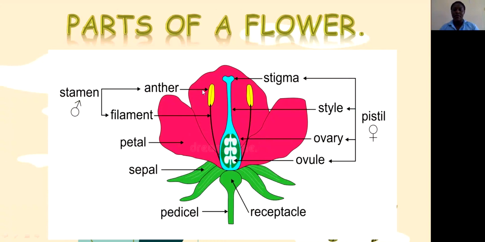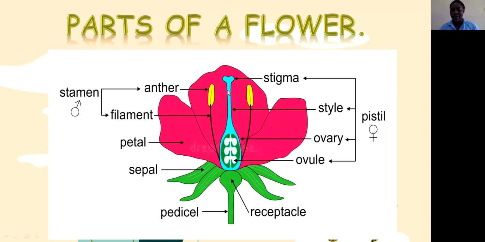Now these are called, starting from here, where you see my mouse, this one is called stigma. Stigma. Going down here, this tube supporting the stigma is called the style. The tube that supports or holds the stigma up is called the style.